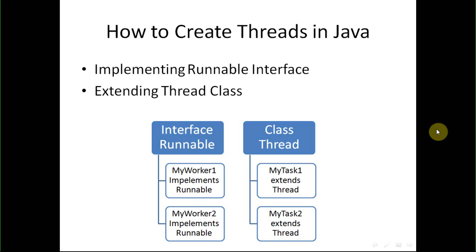So you have different ways of creating a thread in Java. For example, you have MyWorker that can implement Runnable. Also, you have MyWorker2 that can implement the Runnable interface. Or you have MyTask1, as you see in the slide, that can extend Thread, or MyTask2 that can extend Thread.